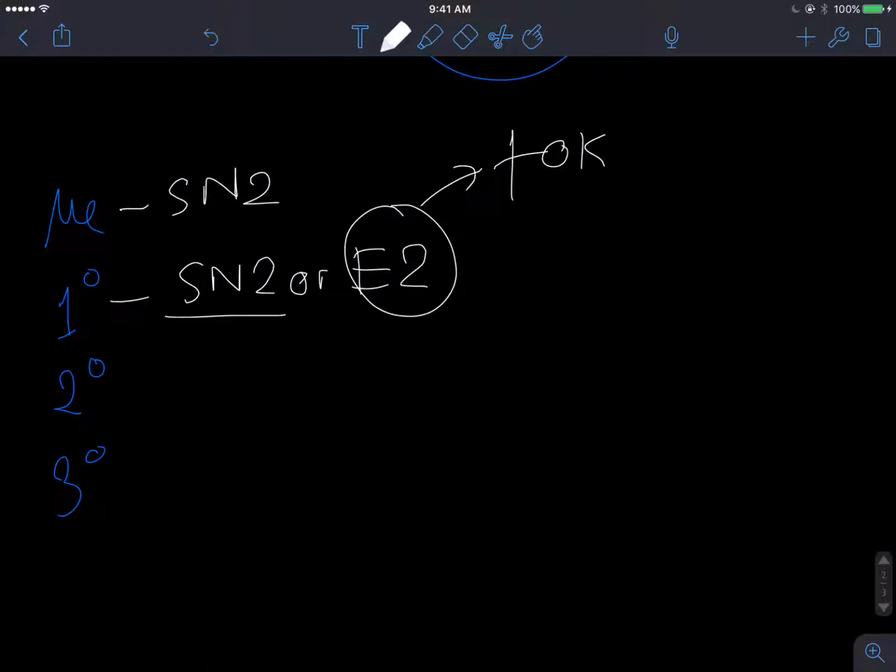And one more thing, when you have the primary substrate and a strong base, for example ethoxide or methoxide, the substitution is highly favored because the base can easily approach the carbon bearing the leaving group.